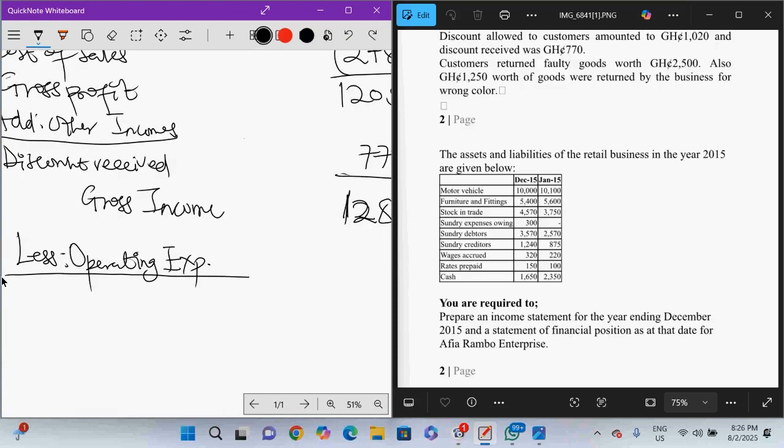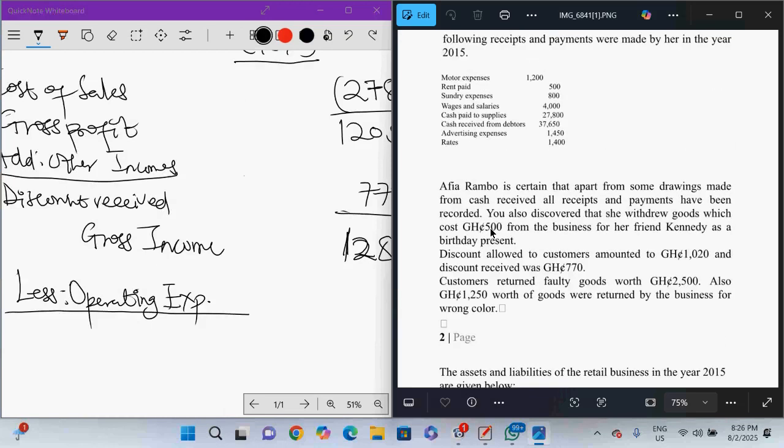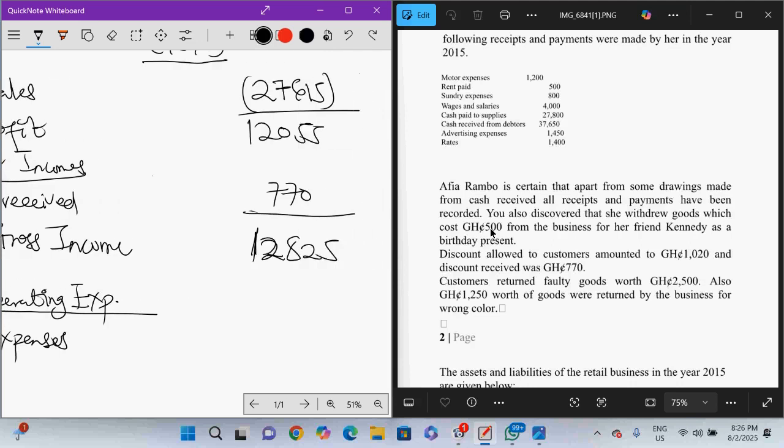Motor expenses. That's given us how much?